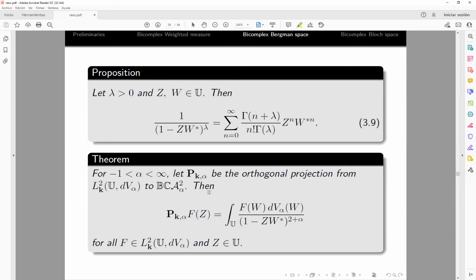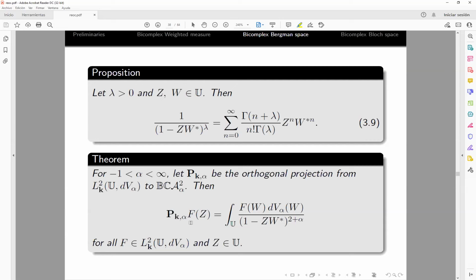We consider alpha greater than -1, and we consider the orthogonal projection, which we call P alpha, from the respective weighted L2 space to the bicomplex weighted Bergman space A2.